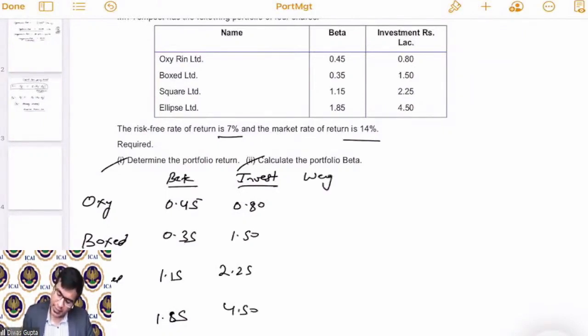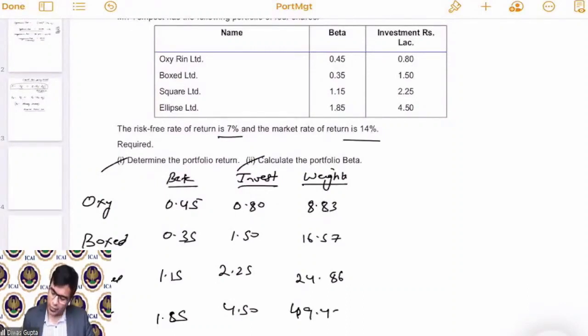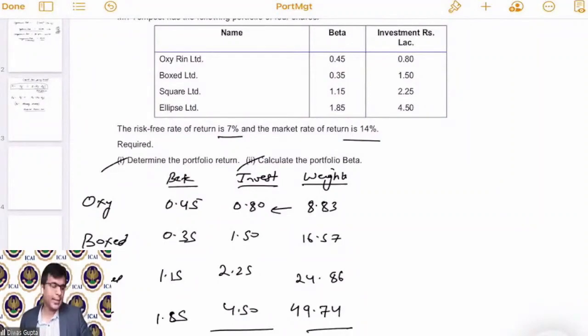The weights are 8.83, 16.57, 24.86, 49.74. These are the weights in percentages, correct? This is nothing but 0.80 divided by the total here. The total investment is 9.05 and this total will always be 100%, correct?